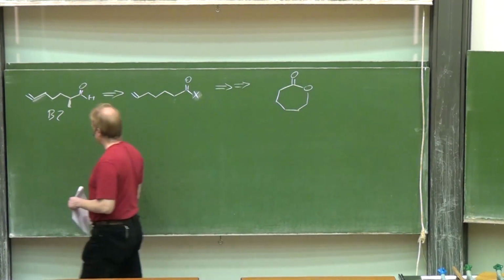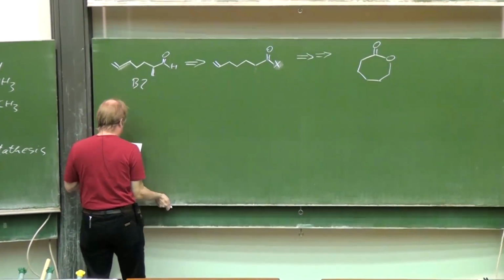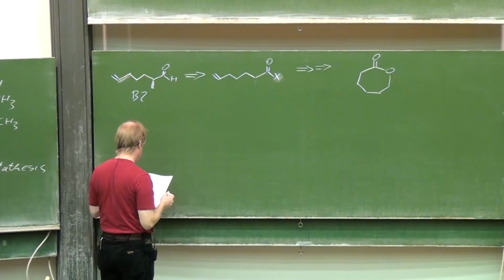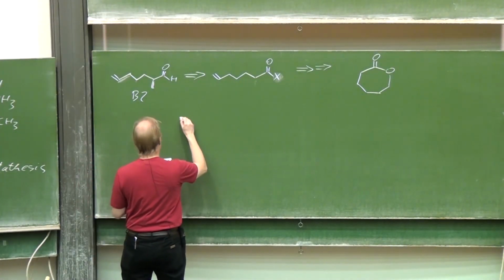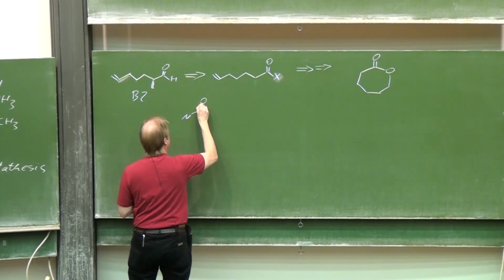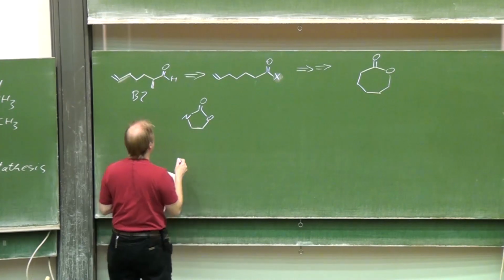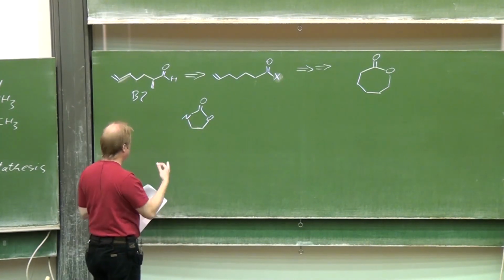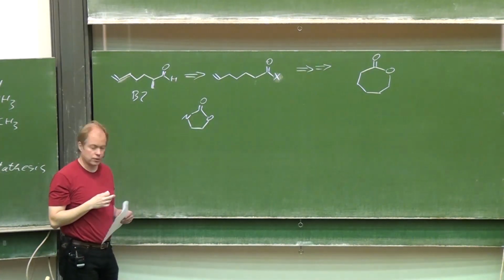So, methods for introducing the methyl group enantioselectively. Well, let's draw a couple of structures where in every case a chiral auxiliary is attached here.